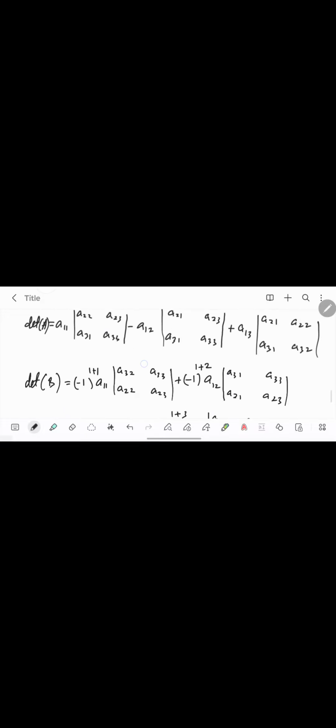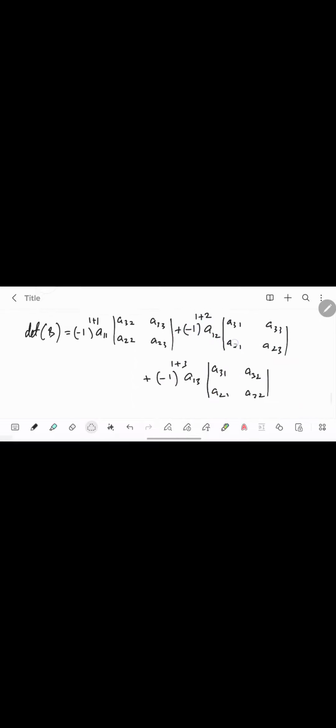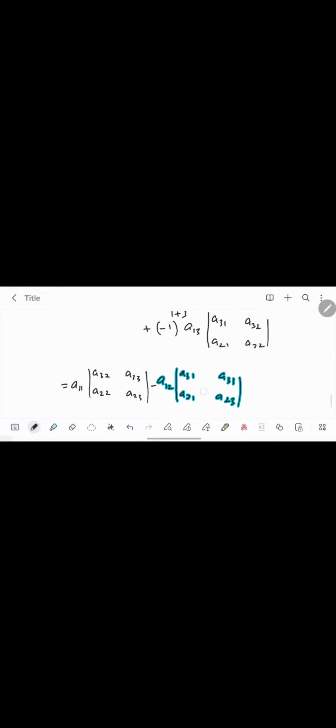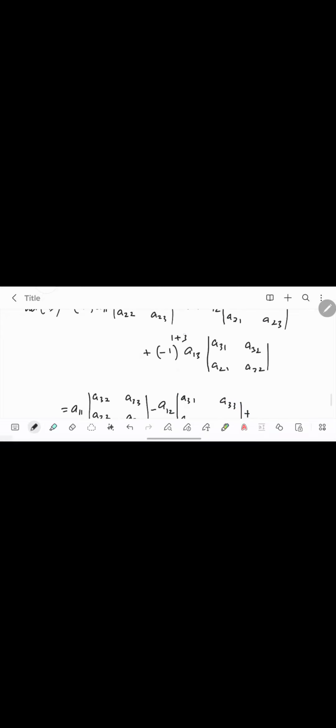Now, minus 1 to the power even is plus, so I will only write this thing. And then this is with minus, because minus 1 to the power odd number is minus. So I will write minus this term, and then plus, because minus 1 to the power 4 is plus, then I will write this term.